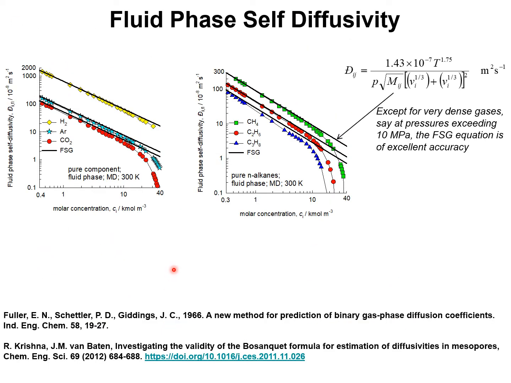We now test the accuracy of the kinetic gas theory to predict the self-diffusivities of unary fluids: hydrogen, argon, CO2, methane, ethane, and propane. The symbols represent the MD data on the self-diffusivity plotted against the molar concentration of the unary gases in the units of kilomoles per cubic meter.